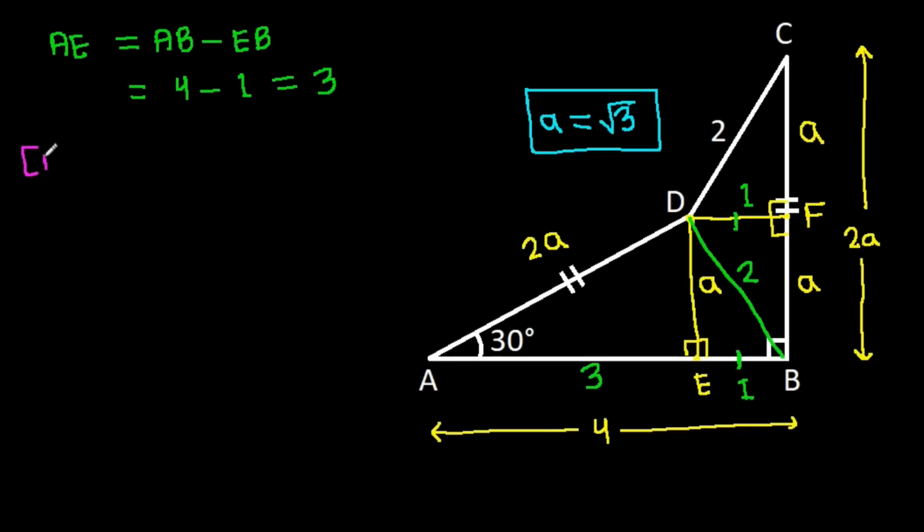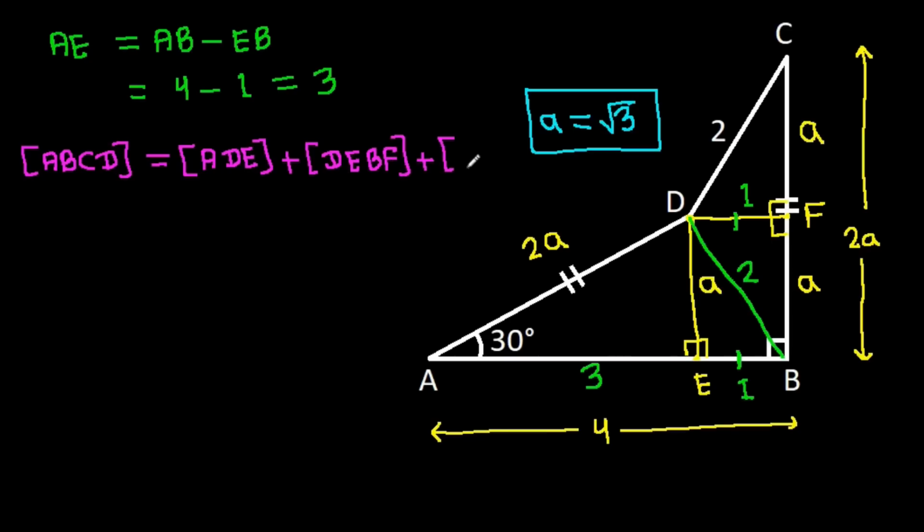And now area of ABCD will be area of ADE plus area of DEBF plus area of FDC.